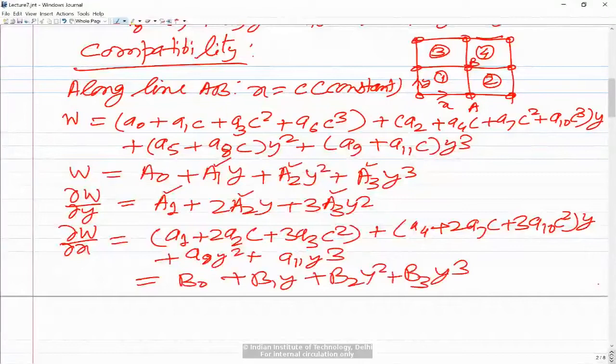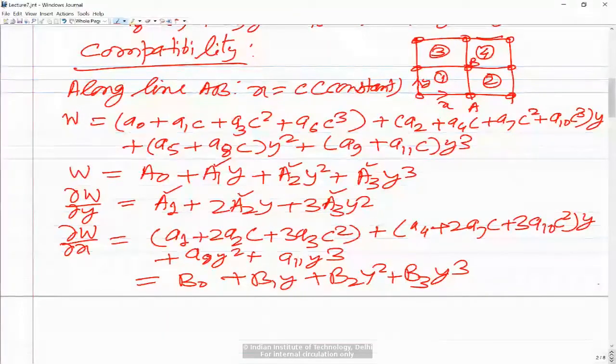Now when you look along line AB, at A and B we already have w, del w by del x and del w by del y common in both elements 1 and 2. That means at node A, elements 1 and 2 have the same w, del w by del x and del w by del y. Similarly, at node B, both elements 1 and 2 have the same value of w, del w by del x and del w by del y.